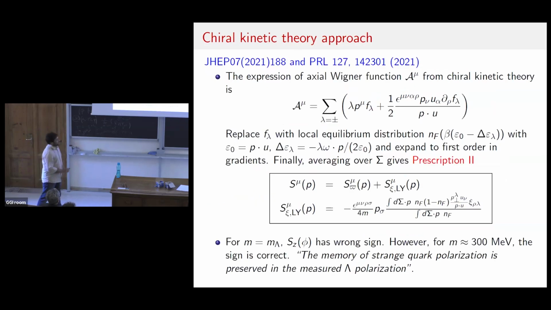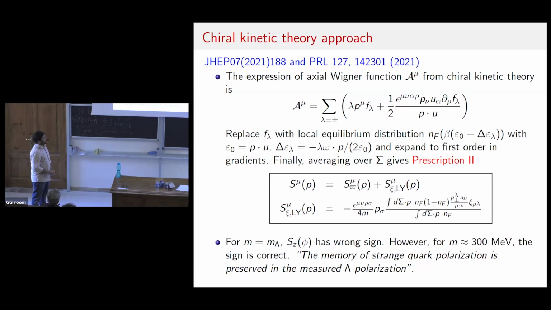Right. Around the same time, an alternative framework was formulated in this article based on gradient expansion of the axial Wigner function, and it was applied to the axial Wigner function derived from chiral kinetic theory.